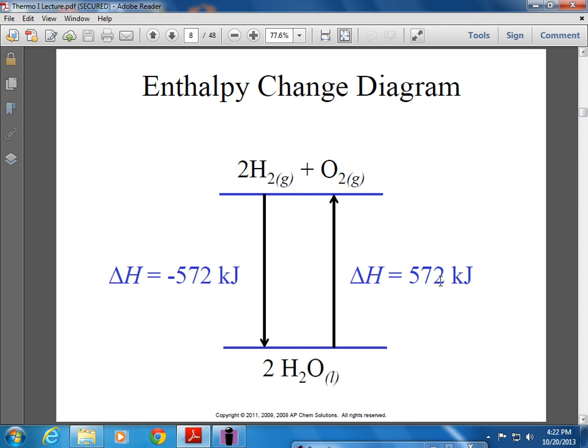So notice that the magnitudes are the same, but there is an opposite sign. If we double the number of moles of each molecule, the amount of energy released would be doubled. Burning twice as much gas in your furnace would release twice as much heat. When you're going one way and have to put 572 kilojoules of energy in, when you go the other way, it releases 572 kilojoules of energy. So the numbers are the same, but the signs flip.